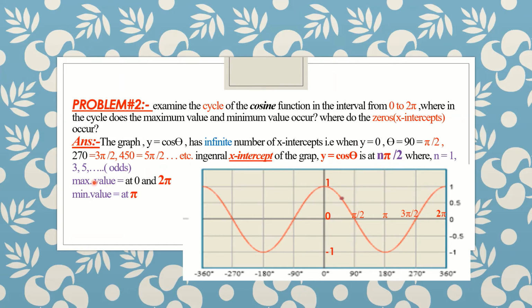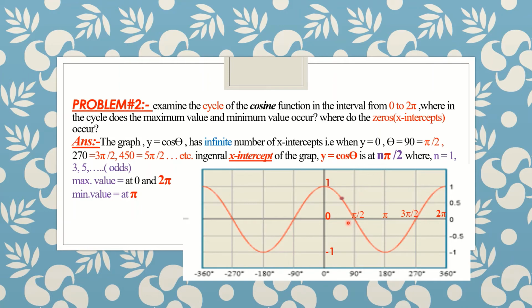And the maximum value is at 0, because when x is 0, it is 1, and even when it's 2 pi, it's 1, and so on if you continue. But our interval is given between 0 and 2 pi.